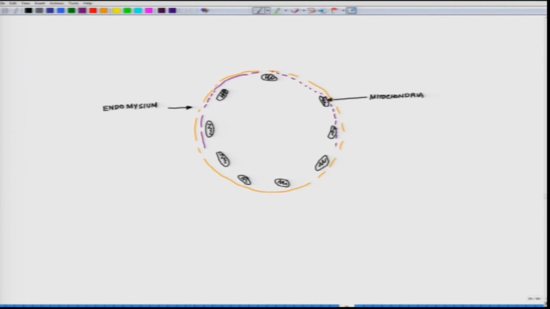I'm coming to that one second. This inner lining is called the sarcolemma, and within this you have colonies of, very similar to what you saw for the individual muscle fibers.